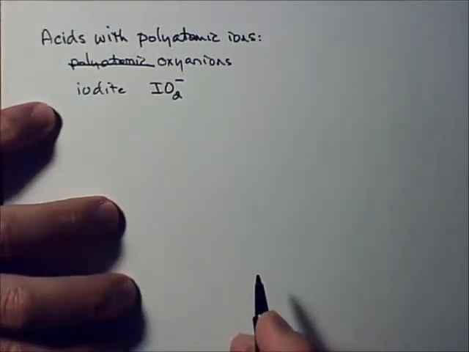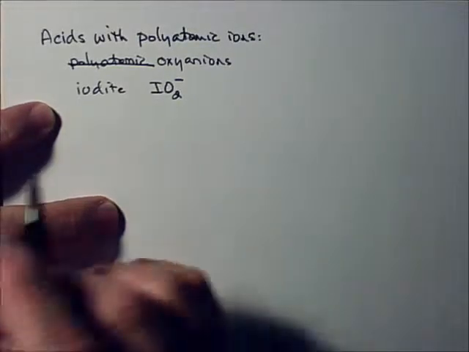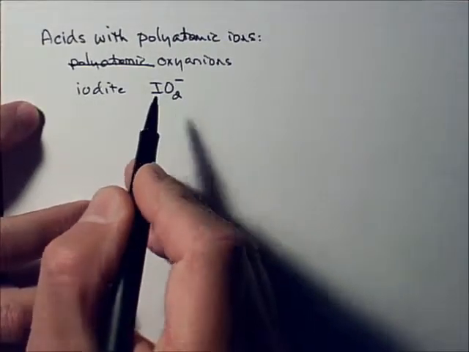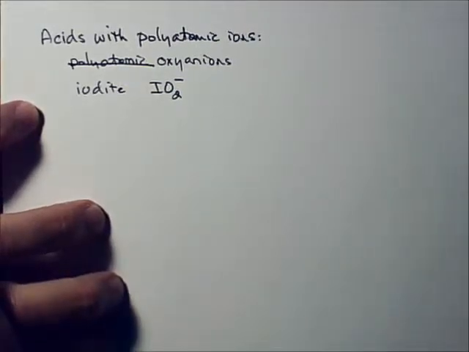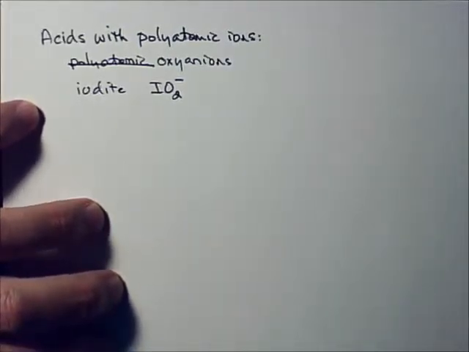I want to build an acid on this polyatomic anion we call an oxyanion. If it's an acid, what does it have on the front? Hydrogen. Not hydro. Hydro is only used when we have a binary acid, and these are not binary anymore. What's the charge on our hydrogen if it's an acid? 1 plus.